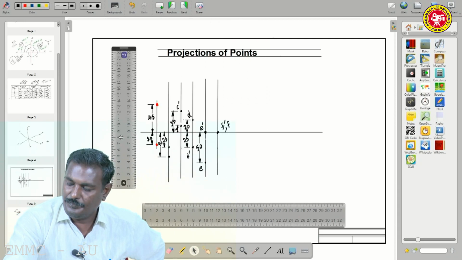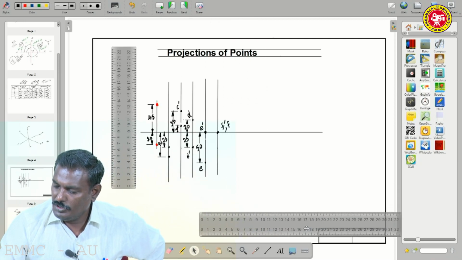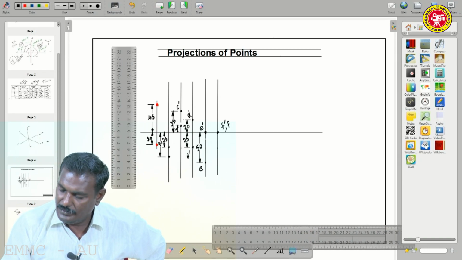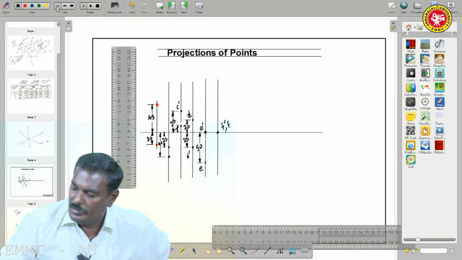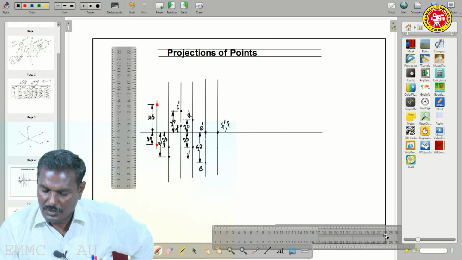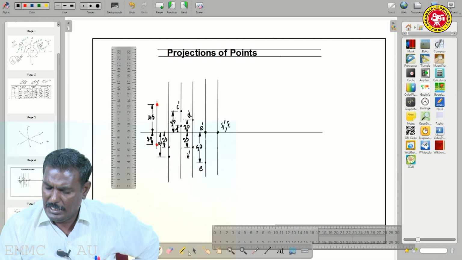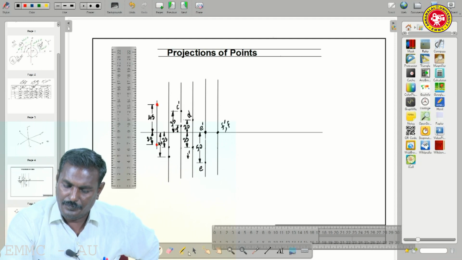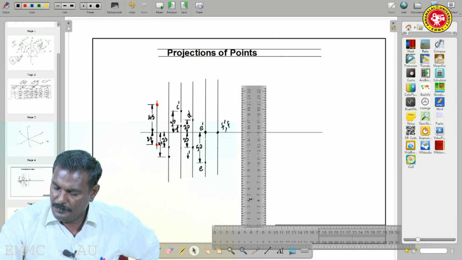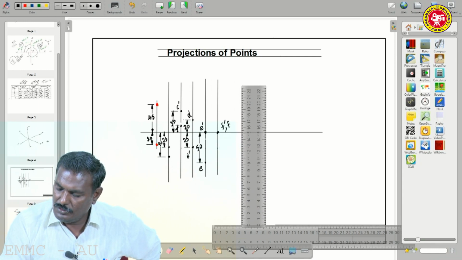That's all. So we have to draw a dimension line, that is a guideline to here, of around 5 mm approximately. So 5 mm we have to draw a line.